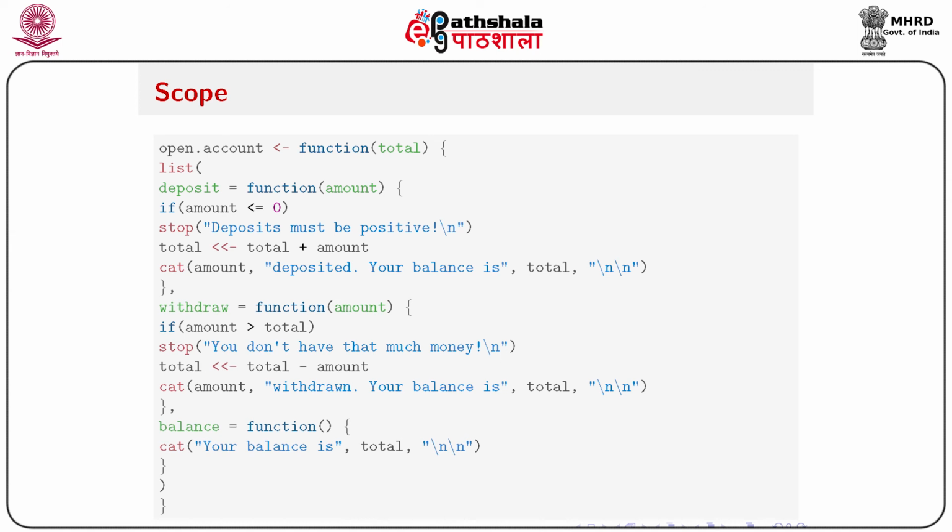And then display the amount. Then withdraw: for the withdraw function amount, if amount is greater than total, you don't have sufficient balance, and otherwise total is total minus amount, and now display the amount. Then for the balance function, cat balance equals the total that you have.